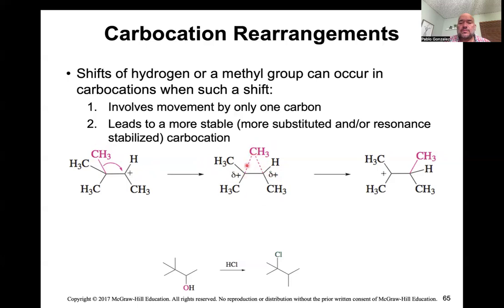So here we broke this bond between this methyl group and this carbon and created a new bond between the CH3 and this carbon. So that's why you have these dashed lines in here, creating that transition state. And eventually, we're going to move those two electrons to create this new bond. And that's why you create this positive charge on this carbon number one.